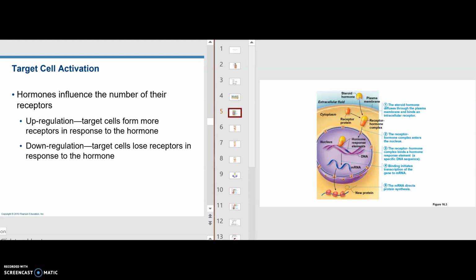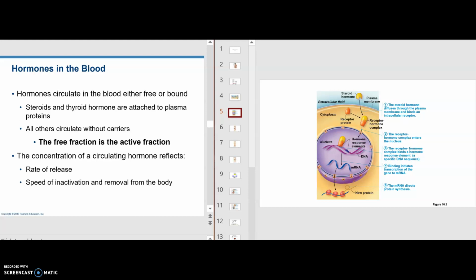Okay, so we go a little further. Hormones circulate in the blood either free or bound. Now let's explain this. The blood is made up of a lot of water. Lipid soluble substances don't travel well in water in the blood. So most lipid soluble substances must have a carrier protein, something that can surround them.